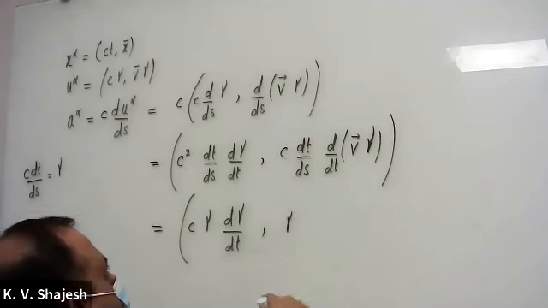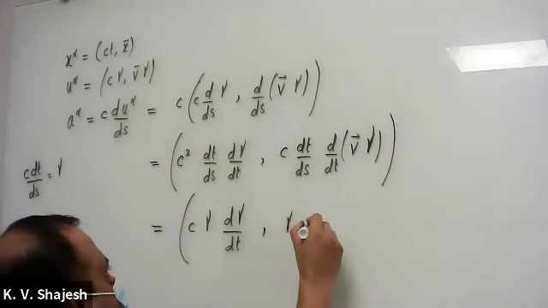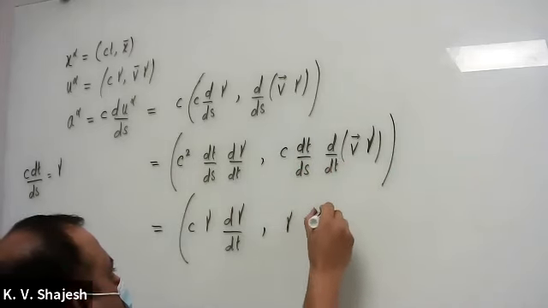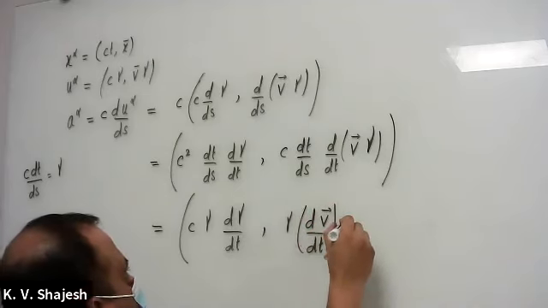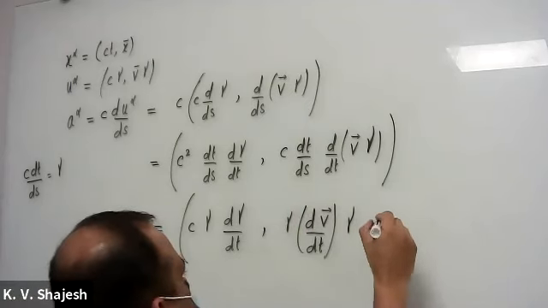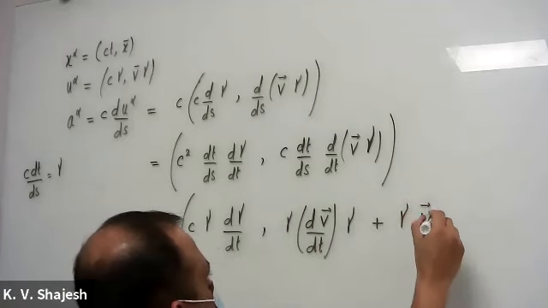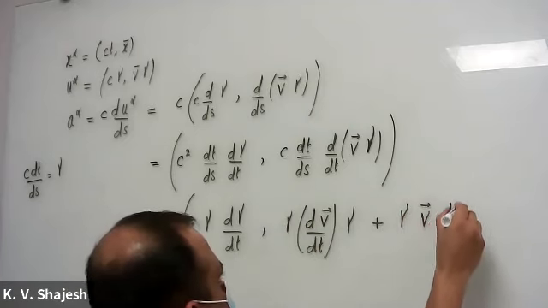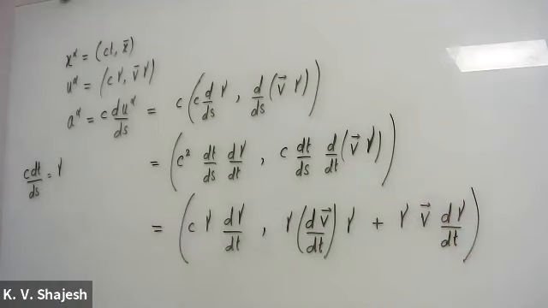This one now I'm going to distribute, right? This is derivative of velocity with respect to time times gamma, not hitting that, or I can hit the gamma, so this is gamma velocity time derivative of gamma.